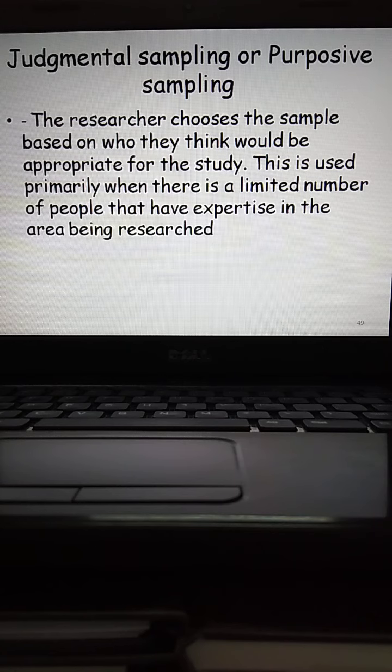According to the need and the playing conditions, the coach or the captain is going to judge which player is going to be instrumental for this match. That means here personal judgment is coming into the picture. In such a way, selection of the units into the sample is known as judgmental sampling.